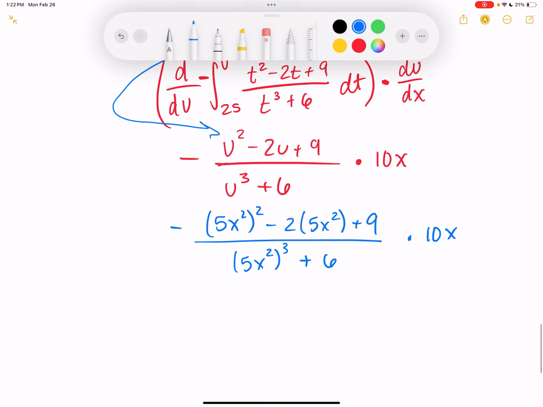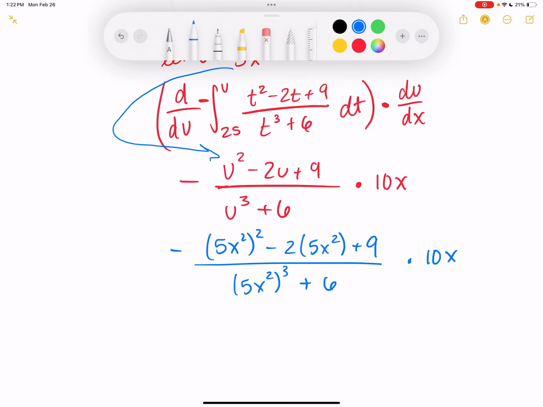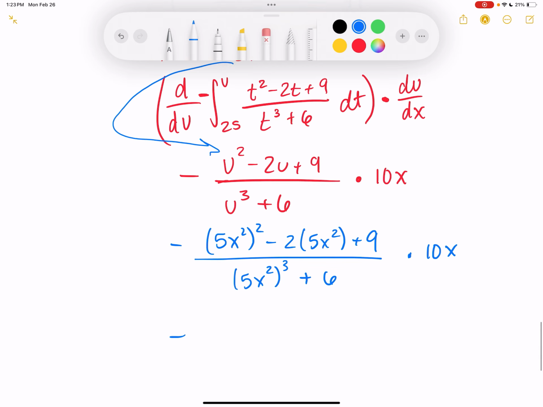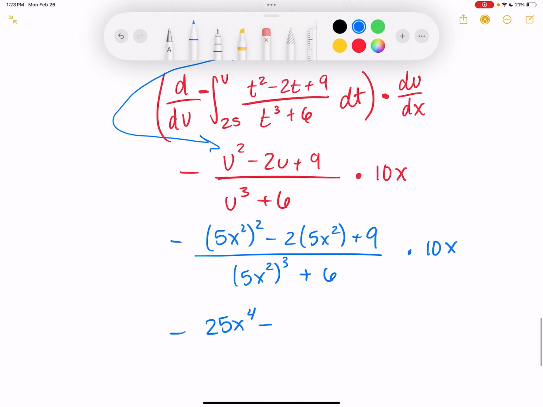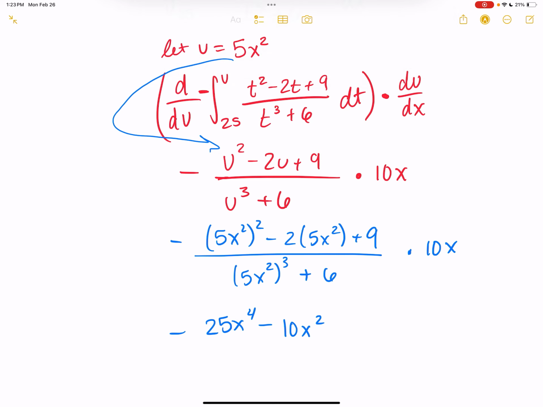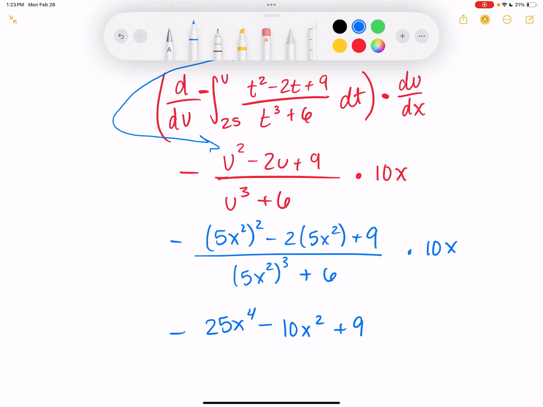Can we simplify it? Yeah, that'd be the goal. So what do I have on top? 25x to the fourth, minus 10x squared, plus 9. And then 125x to the 6th plus 6, times 10x.